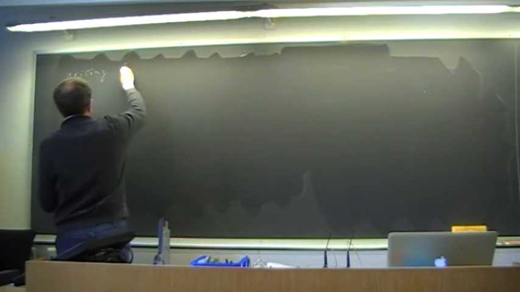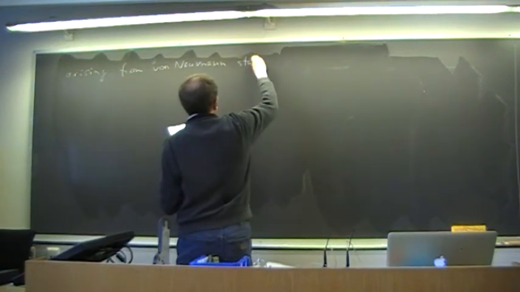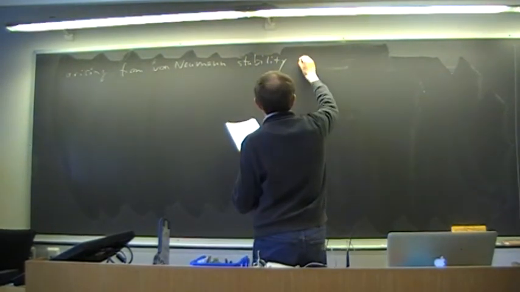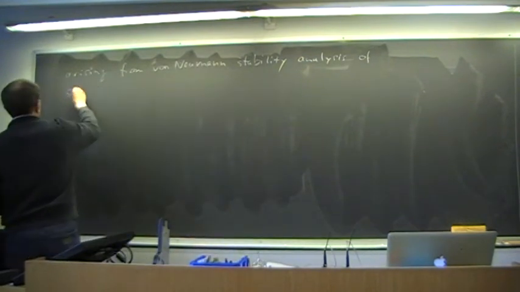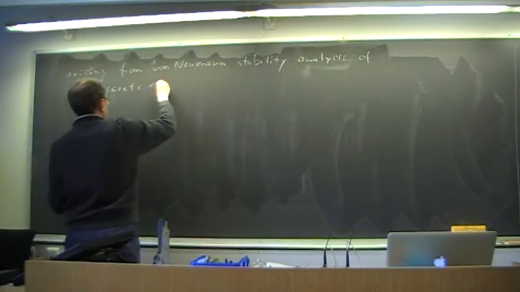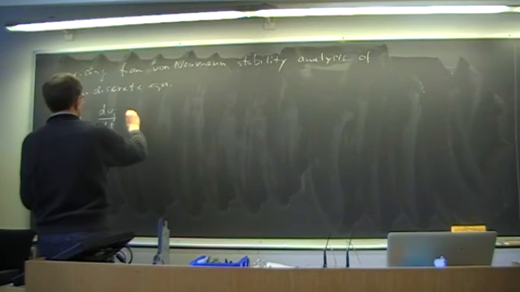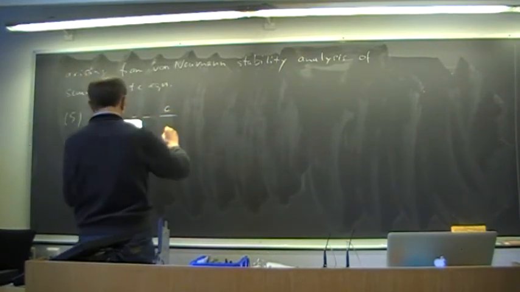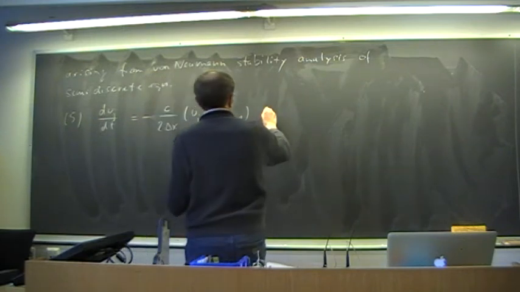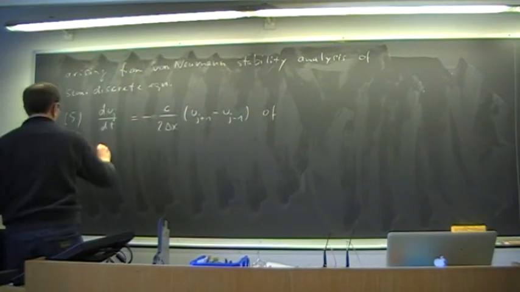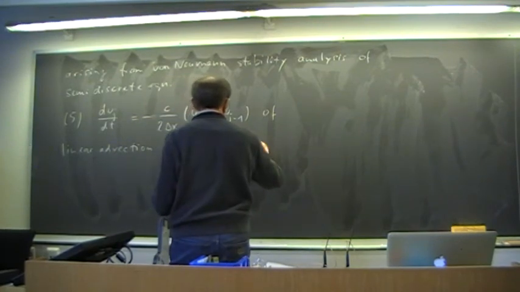So the ODE is arising from von Neumann stability analysis of the semi-discrete equation, see, that would be number 5: duj dt is equal to minus c divided by 2 delta x times uj plus 1 minus uj minus 1, of the linear advection equation, which is ut plus c ux equal to 0.